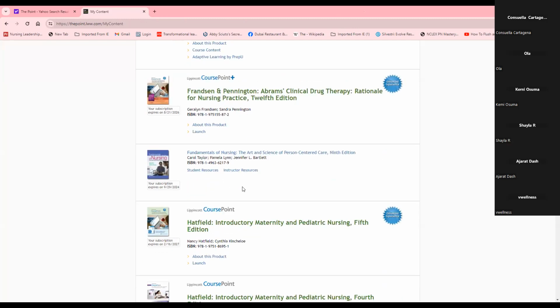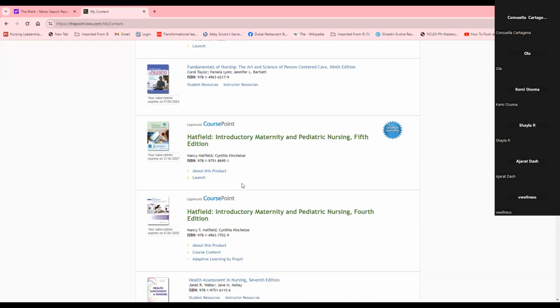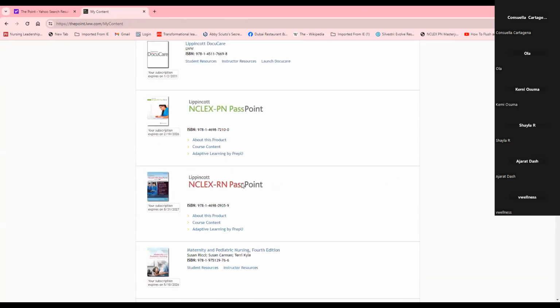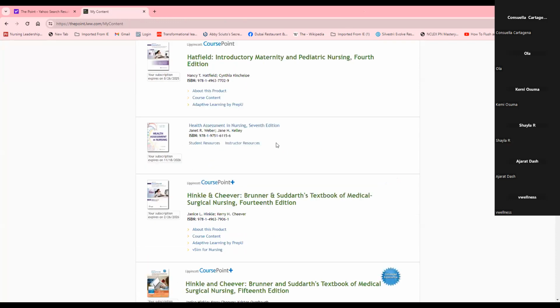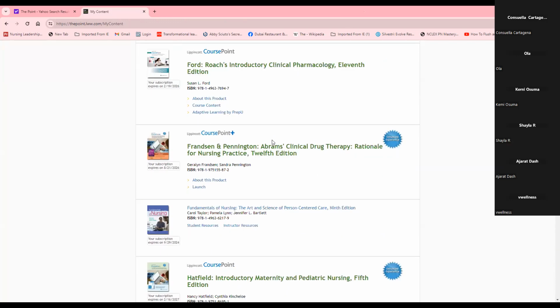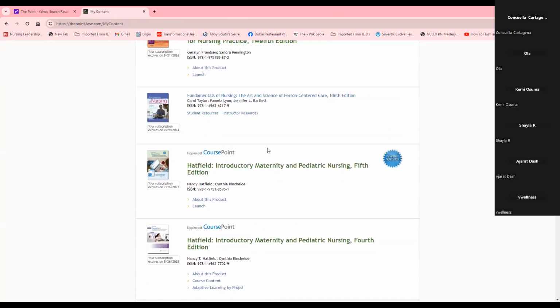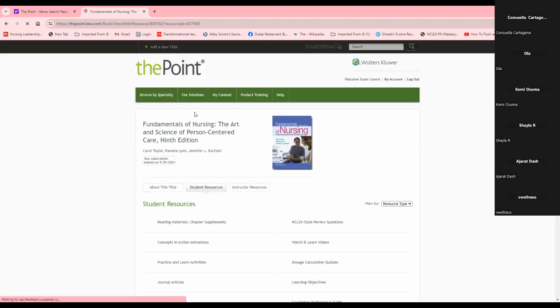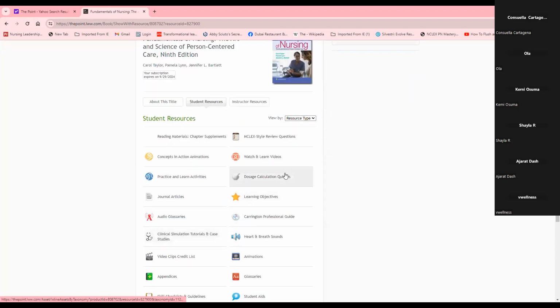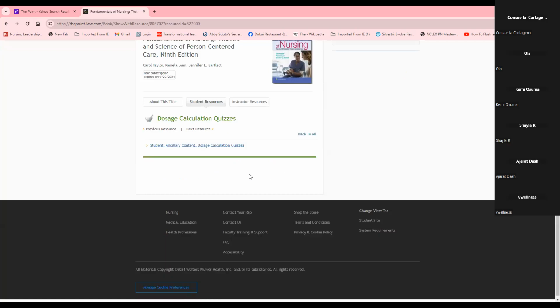Okay, so you guys have the 10th edition, right? Under student resources, usually they have dosage calc right here, and you can go right into it and practice from here as well.